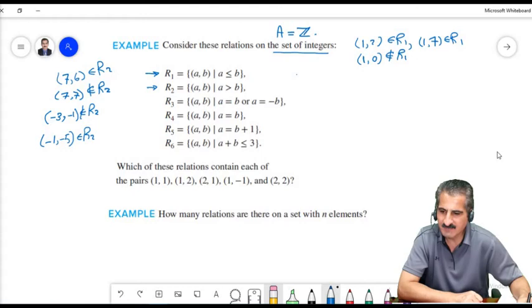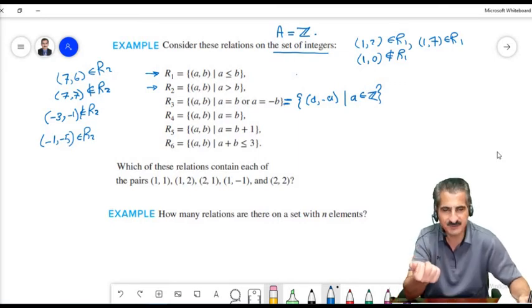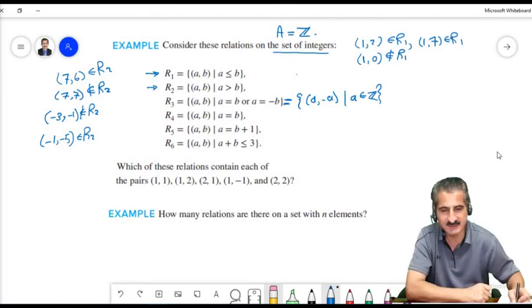So we will have any integer. We can define R3 to be the following. R3 can be defined to be the set of (a, -a), where a is an integer. So a can be positive or negative. When a is positive, the first coordinate, then the second coordinate is negative. Okay, I'm missing something here if you notice. I need to add, because R3 will relate elements to itself, right?